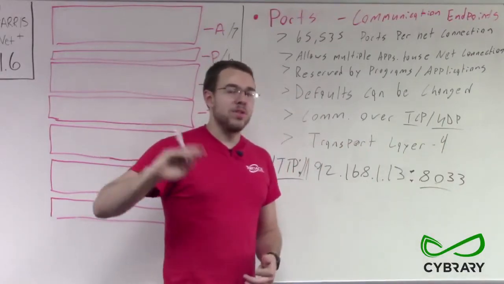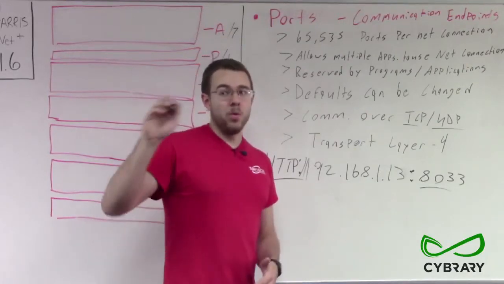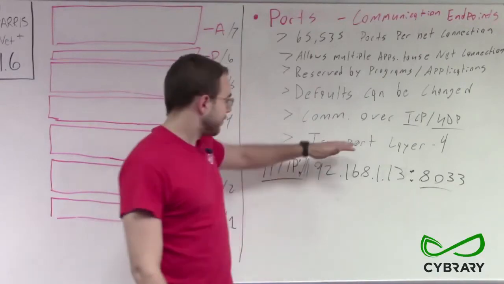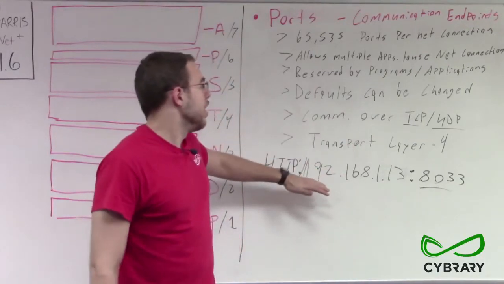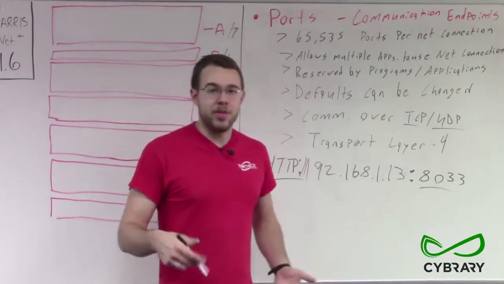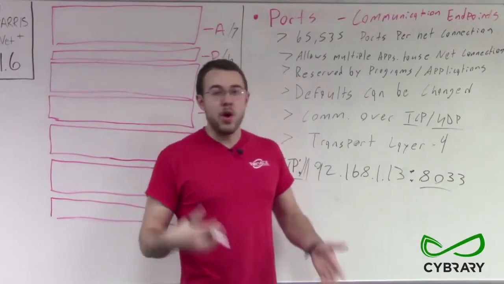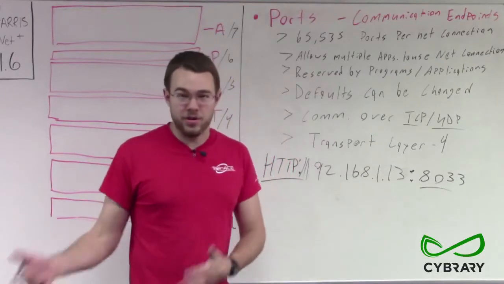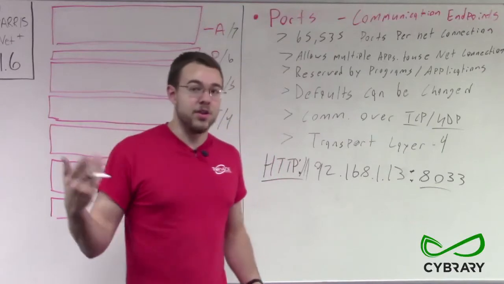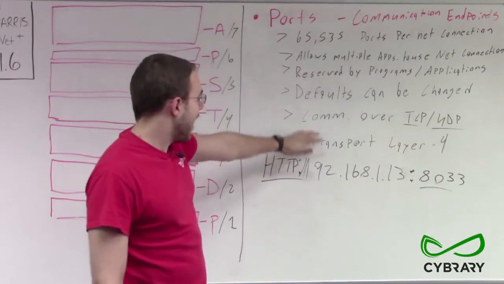Or if we see certain sequences of ports being hit on our firewall, we can recognize very quickly, oh, this shouldn't be hitting this port or this port or this port. So it's very important to learn default ports and protocols for popular protocols, so that we have them in our mental toolkit to use and not have to be constantly carrying a chart around. And when you go into a test, they're not going to let you carry a chart into a test. The only chart you're going to be able to carry is the one that you've already memorized in your head for which protocols go with which ports. So enough said about that.